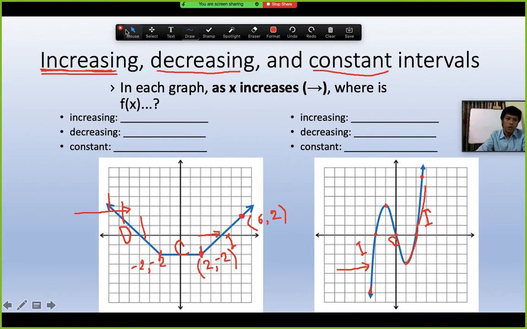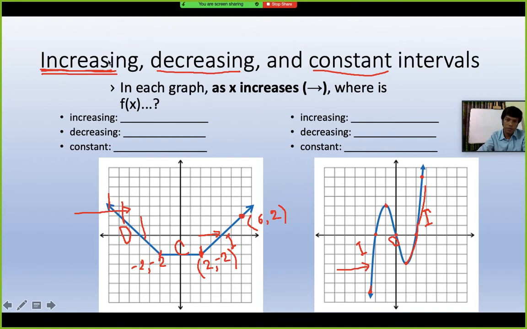Okay. So this is how we understand what happens in the graph: which part is increasing, which part is decreasing, which part is constant. And it is written here: increasing when x is greater than 2.